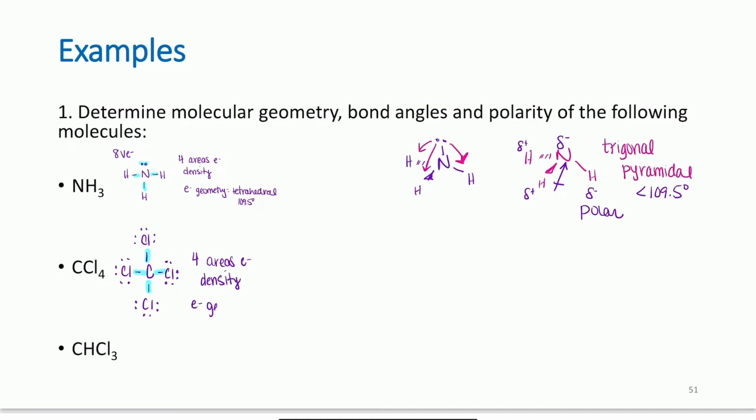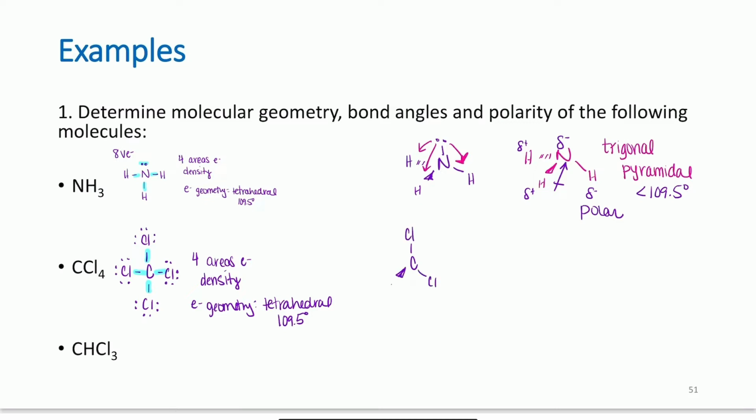So we know my electron geometry is tetrahedral, which is 109.5 degree bond angles. Go ahead and draw this in a tetrahedral shape. Oops. Not hydrogens, chlorines.